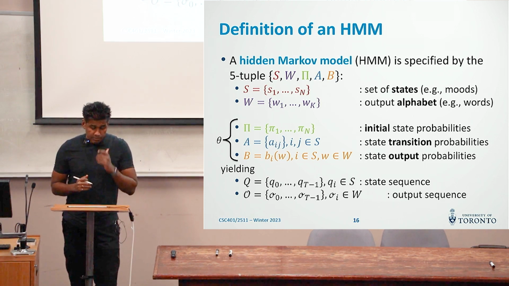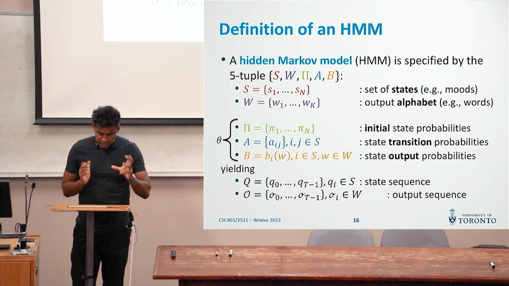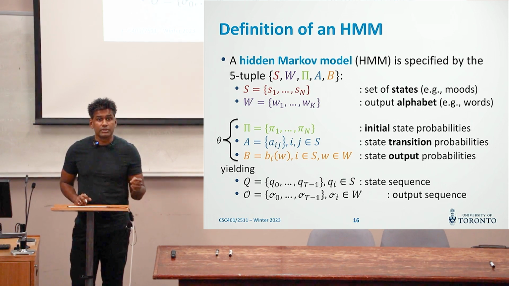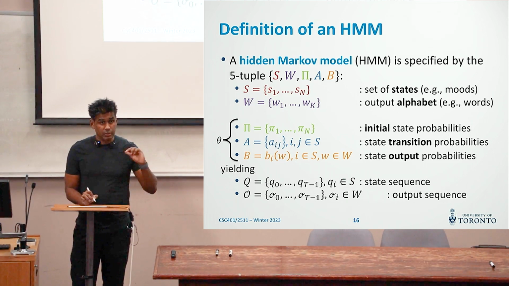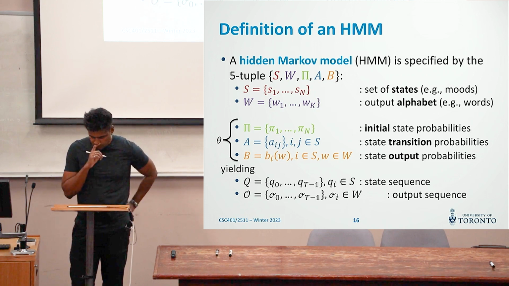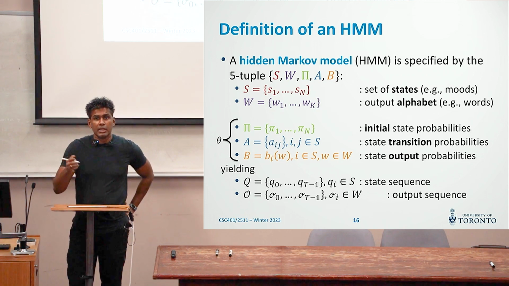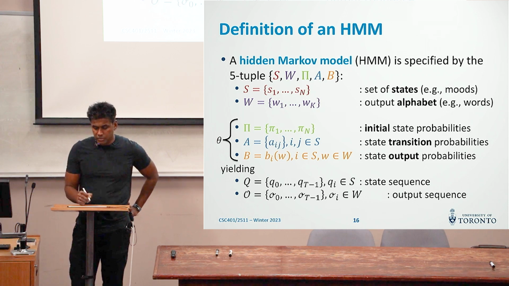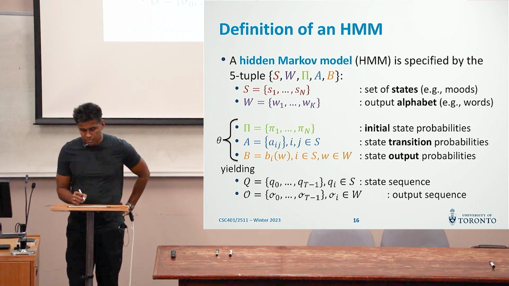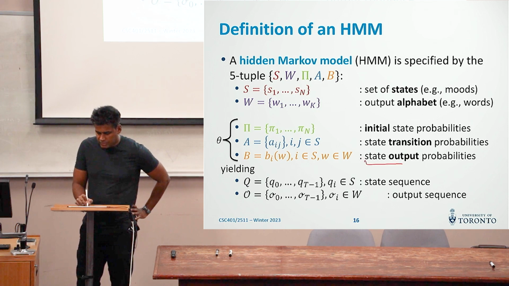And then pi, A, B represents our model parameters theta. Pi represents the initial state probabilities. A represents the transition probabilities between the states. And the last one, B, represents the state output probabilities. In literature and in most places, it's also known as emission probabilities. So when I say emission probabilities, I'm referring to B.